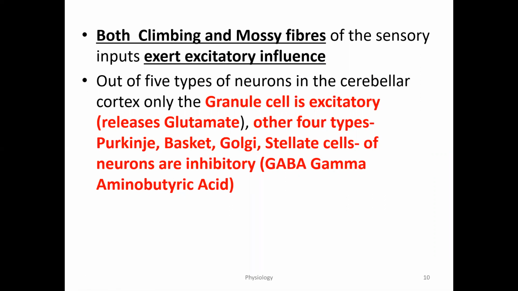So briefly, the granular cell is excitatory and releases glutamate. The granular cell is the only excitatory cell toward the Purkinje cells, while the other types of cells, basket cells, Golgi cells, and stellate cells, are inhibitory toward the dendrites of the Purkinje cells.